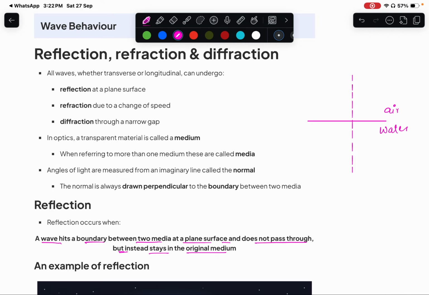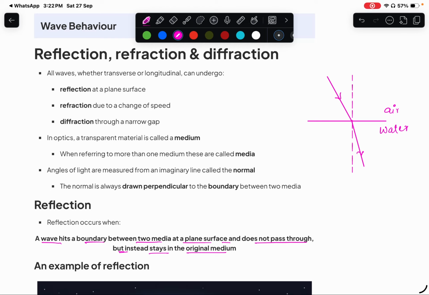Now, if wavefronts are entering from one medium into another, they refract. Let's understand this with a simple ray of light. This ray of light is entering from air into water. We'll study that in detail later, but it slows down.